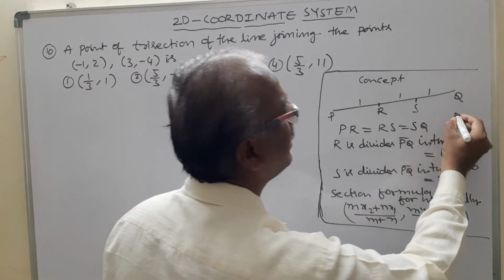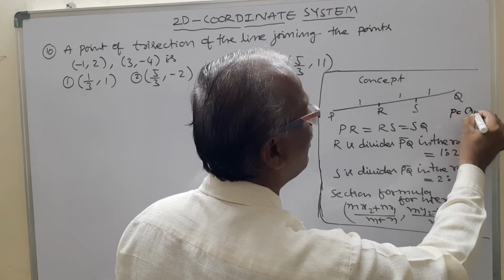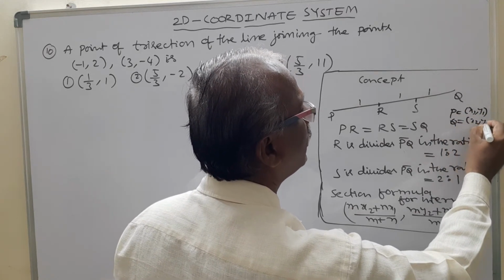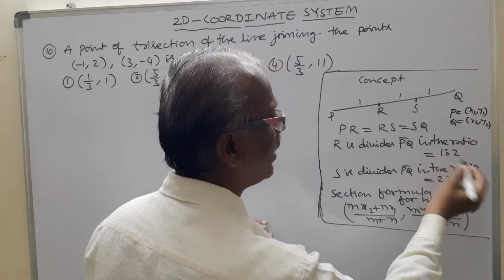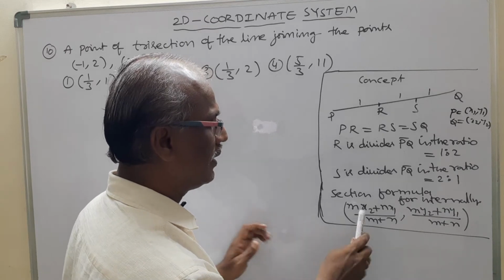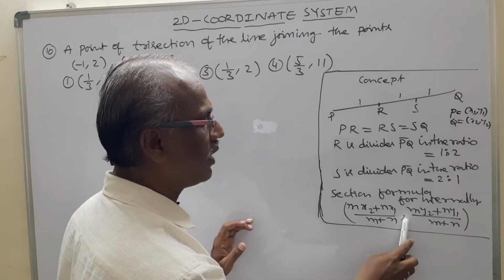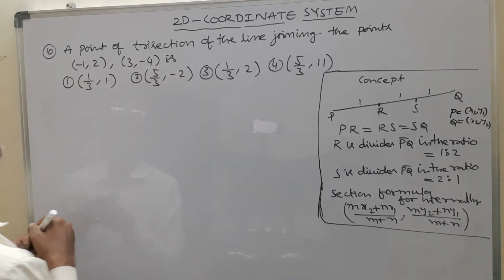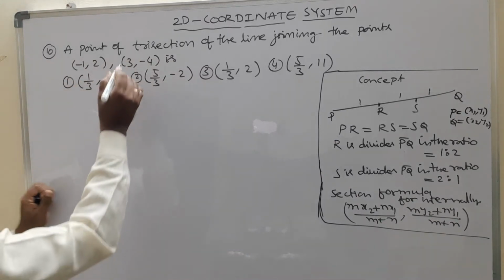Suppose P equals (x1, y1) and Q equals (x2, y2). If the ratio is m is to n, the internal formula is (mx2 plus nx1) by (m plus n), comma, (my2 plus ny1) by (m plus n). Here the problem is to find the points of trisection.